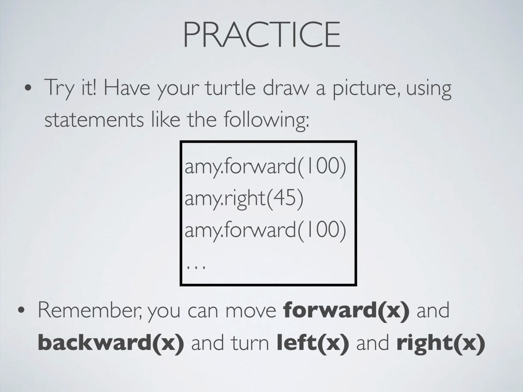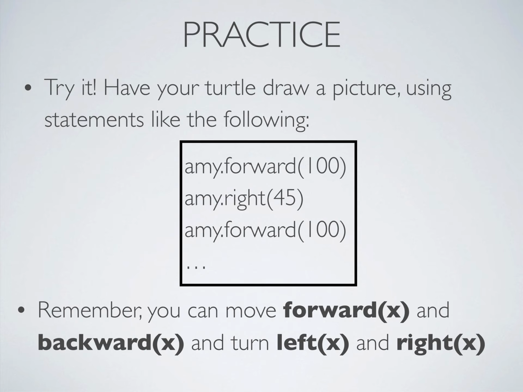These distances are in pixels, so I recommend using at least 20 so that you can see it. If you use something like 1 or 2, you're barely going to see it move because these are really, really tiny pixels. And the units of measurement for turns, like right and left, are in degrees, just standard degrees.